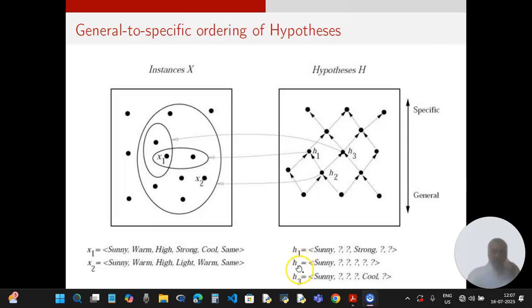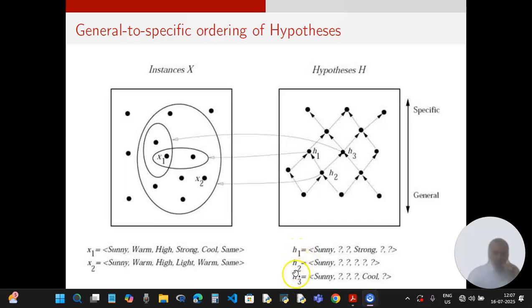And we can easily see here that hypothesis H2 covers all the examples that are covered by H1, and H2 covers all the examples covered by H3, and we can say that H2 is more general than H1, and H2 is more general than H3.